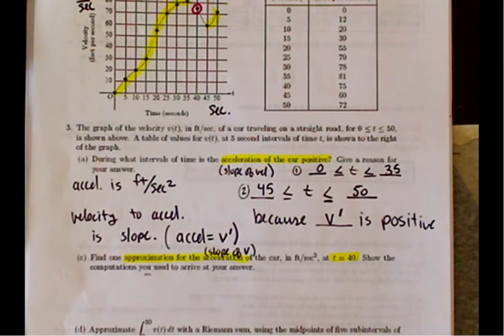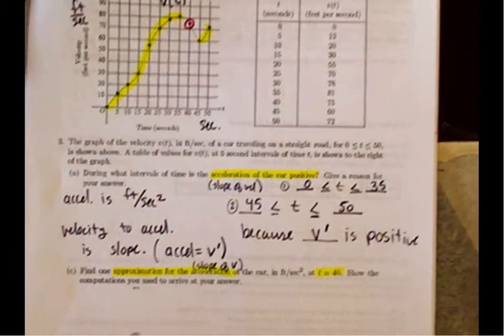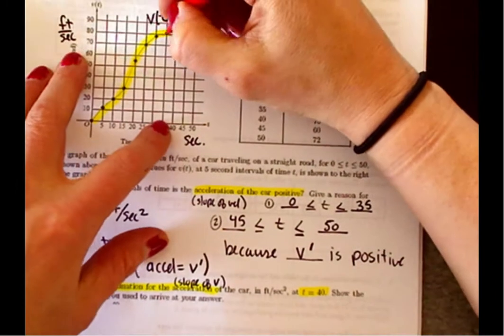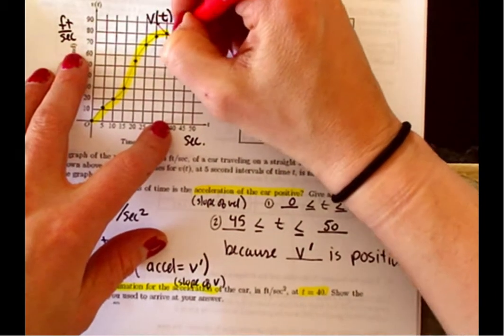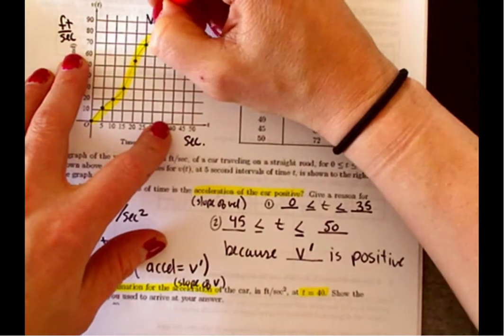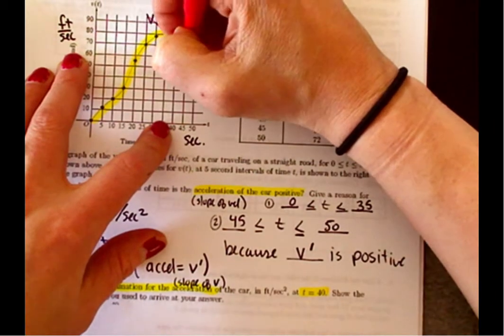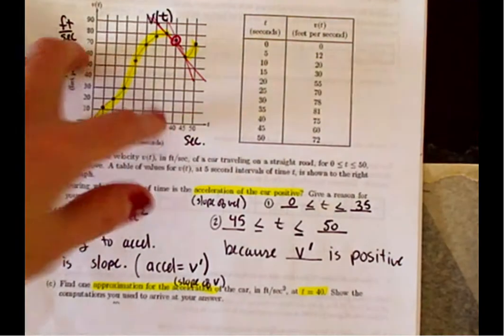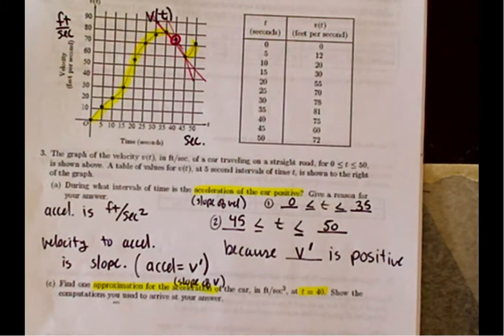Now you have to use points on the graph. You're not allowed to guess any values. So I could say this line, or this line. Pick a tangent line up there.